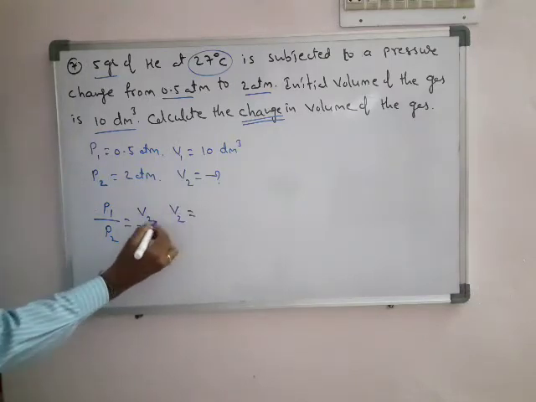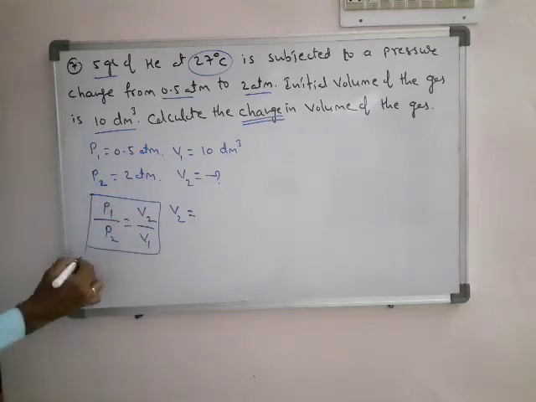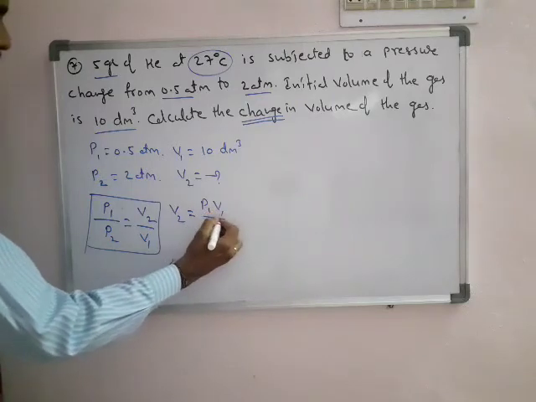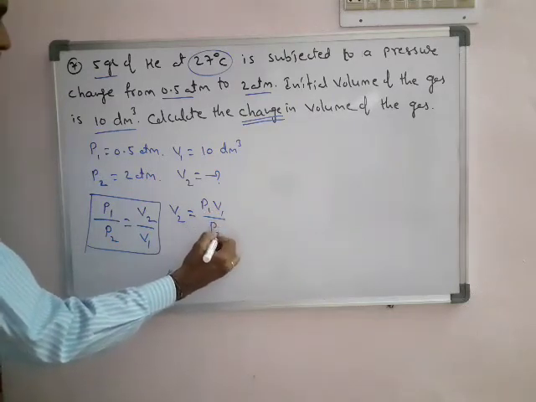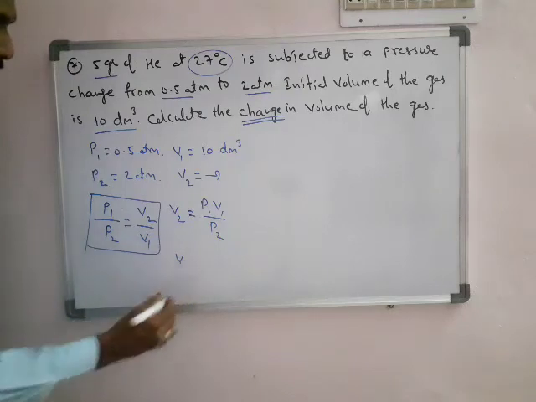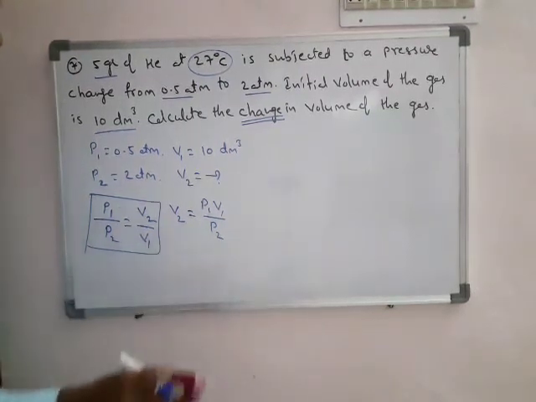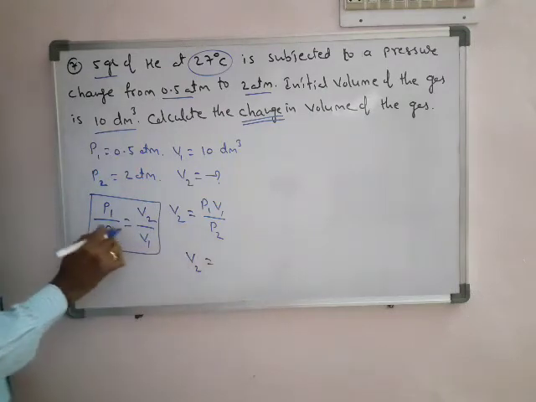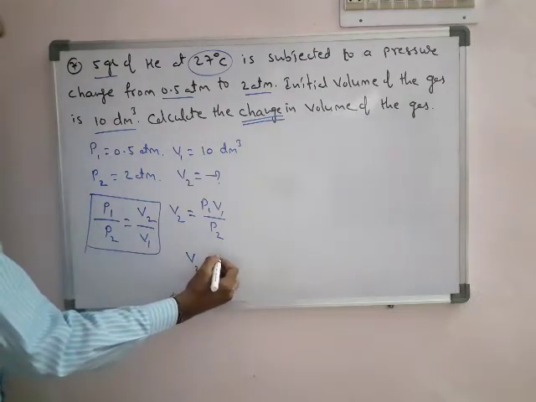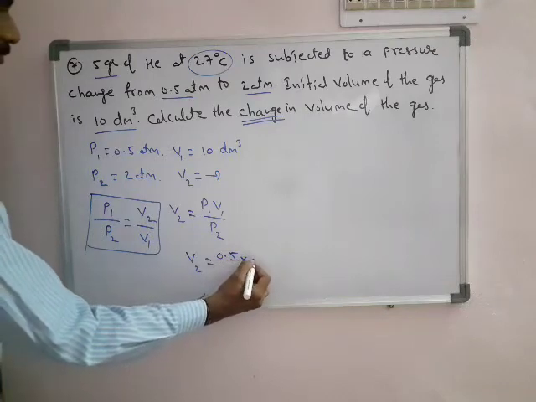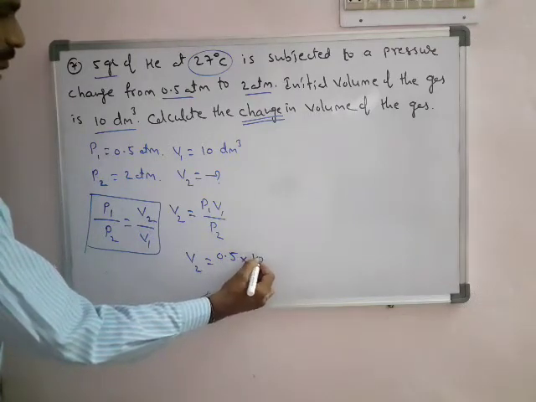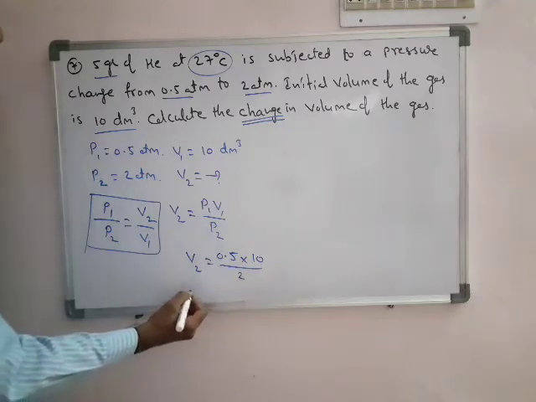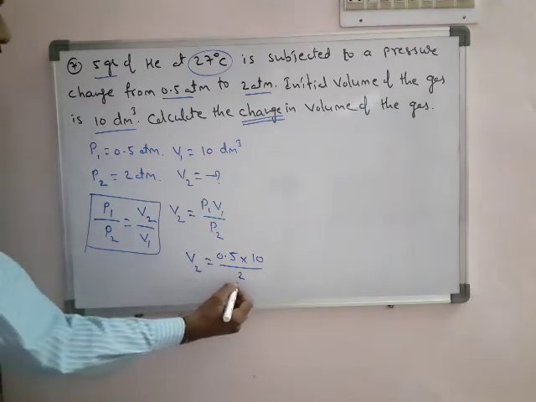We need to find V2. So V2 is P1 V1 by P2. What is P1? And P2 is 2 atmospheres.